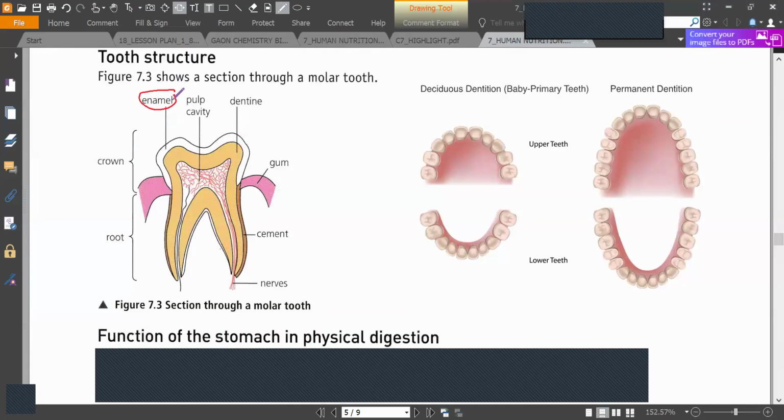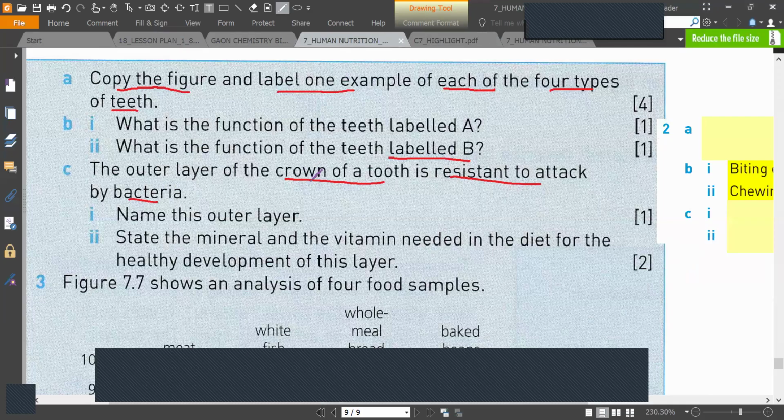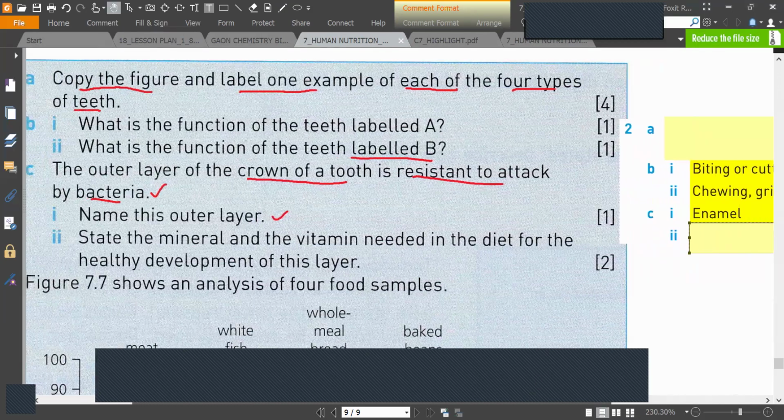So enamel is resistant to attack by bacteria. The outer layer is enamel, as we mentioned before.